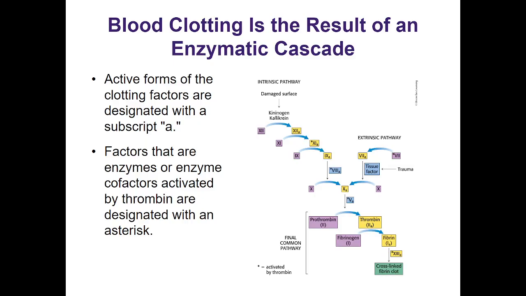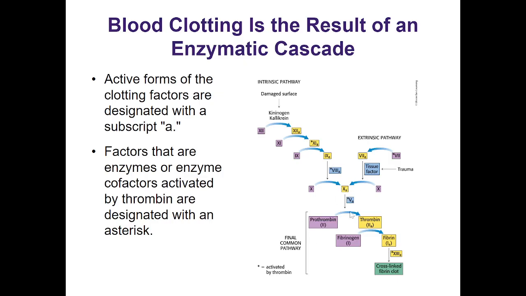So there's a little bit of security here. These two together work on factor 2, or prothrombin, and make it the active factor 2, which would be thrombin. By the way, this is the start of your final common pathway.